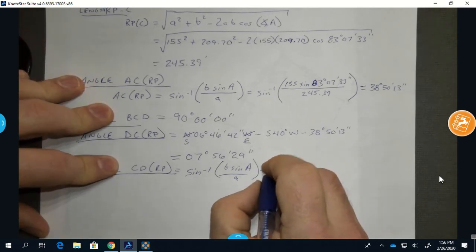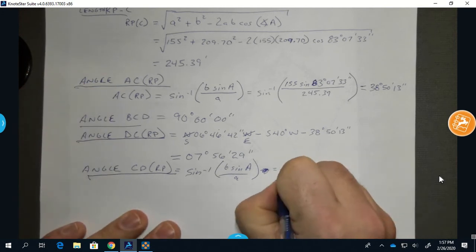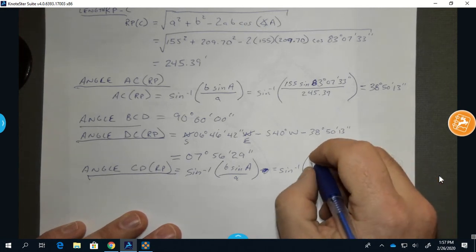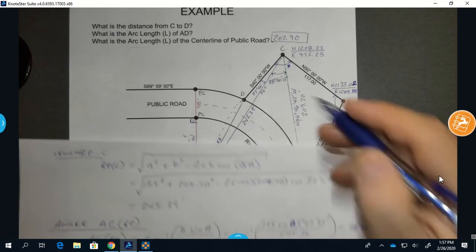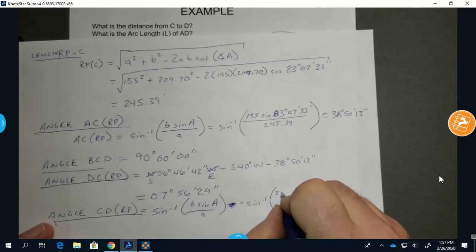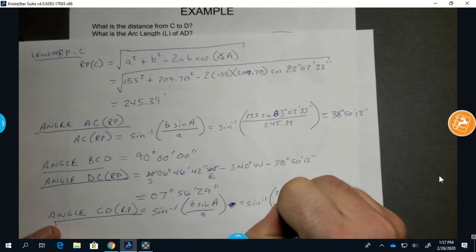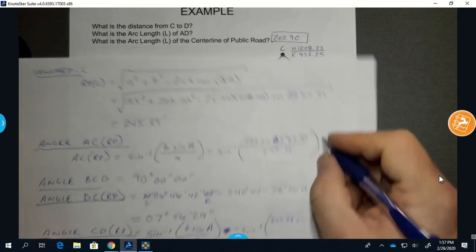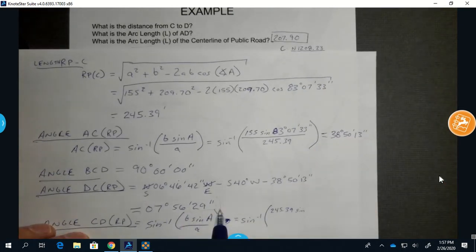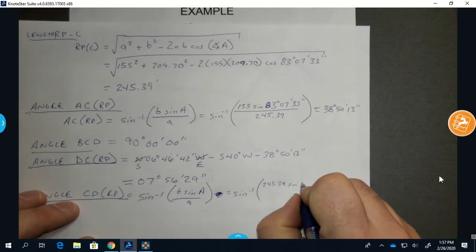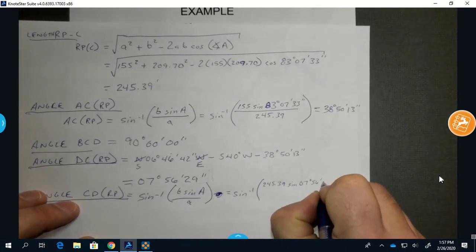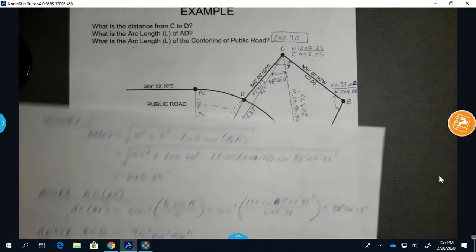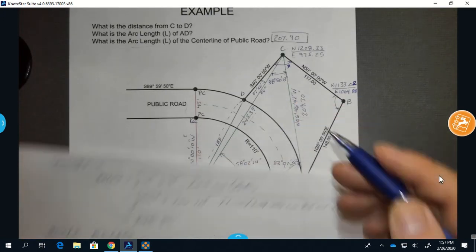Okay, so that equals the sine inverse of 245.39 sine of A. A in this particular instance is the angle we just figured out, this one right here. Okay, that's our angle. So 0.7 degrees, 56 minutes, 29 seconds divided by A. And A this time is the opposite from this angle, so it's 155.